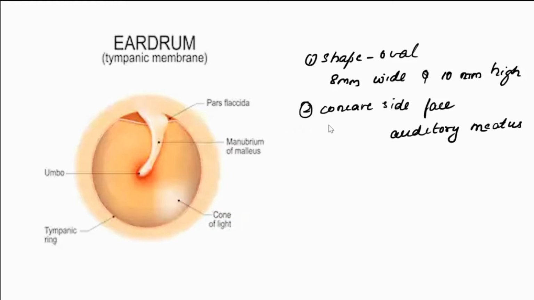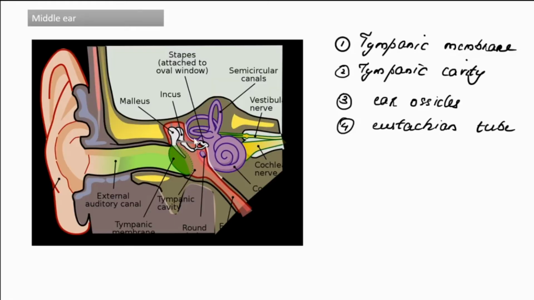The concave side is facing towards the external auditory canal or auditory meatus. The other side is facing the tympanic cavity, which is the cavity seen here.